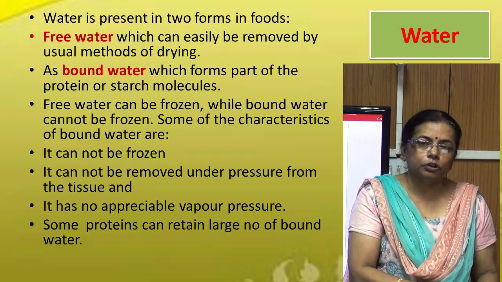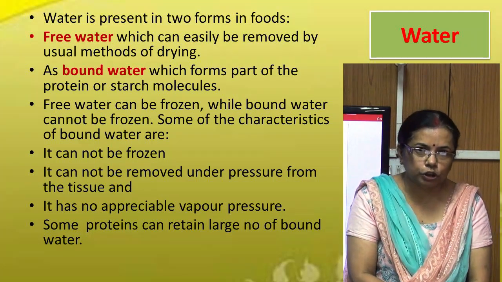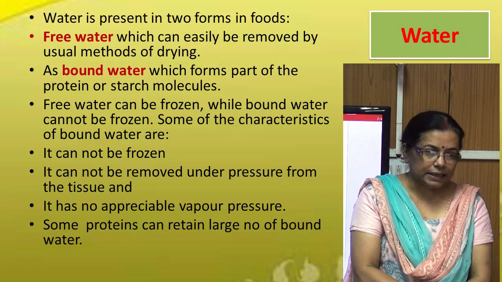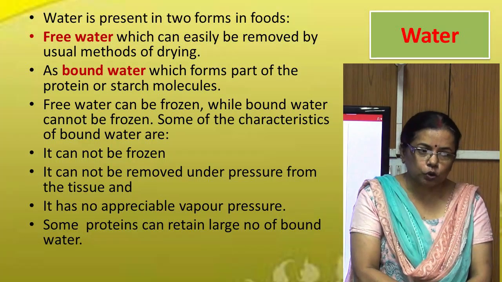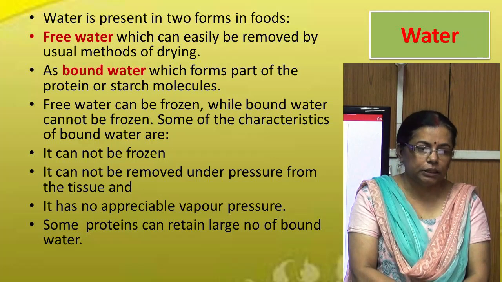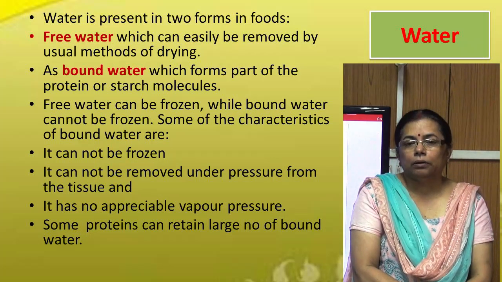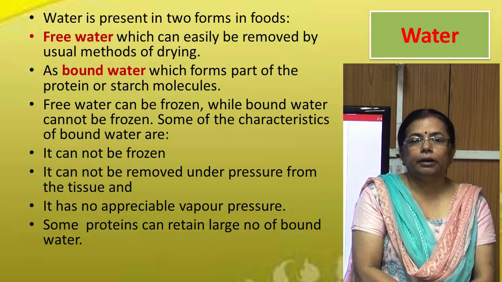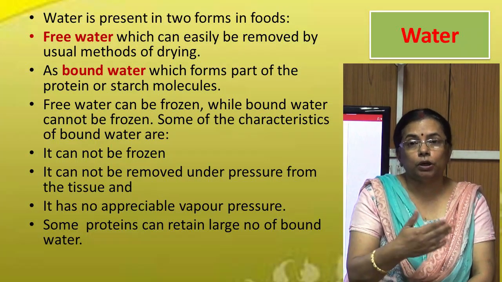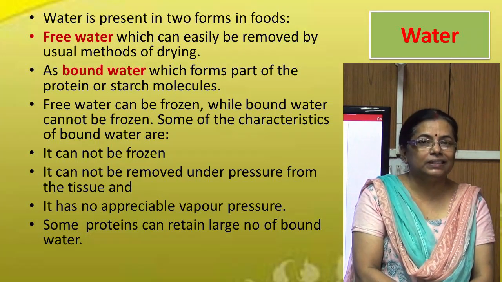Free water can be frozen, but bound water cannot be frozen at minus 20 degrees centigrade. It can also not be removed under pressure from the tissue. It has no appreciable vapor pressure. Approximately 8 to 10% of total water in animal tissue is in bound form.